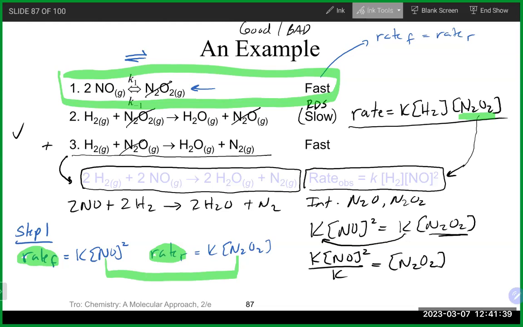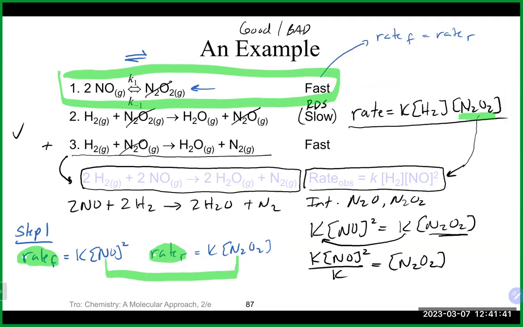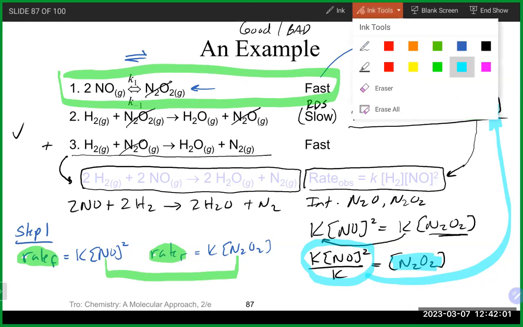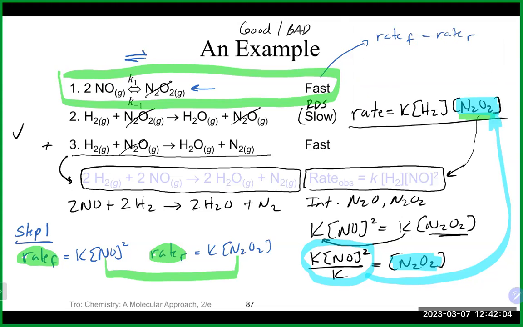Now, using the first step in the mechanism, I have this guy, which is this guy, and I could take this entire thing and put it into that expression right there, in place of it, basically put all that stuff into there. So if I do that, I will now get an expression for that second step, that the rate is equal to K times H2. And now again, I'm just going to put all that stuff in there.